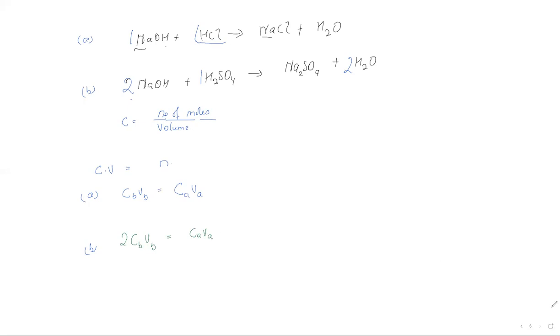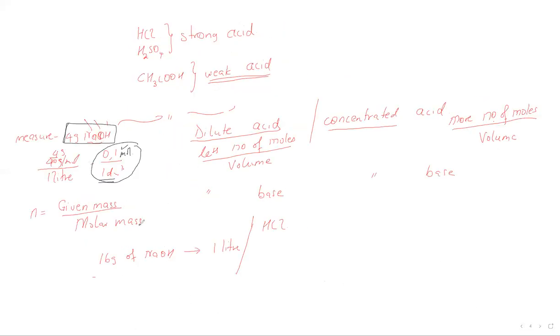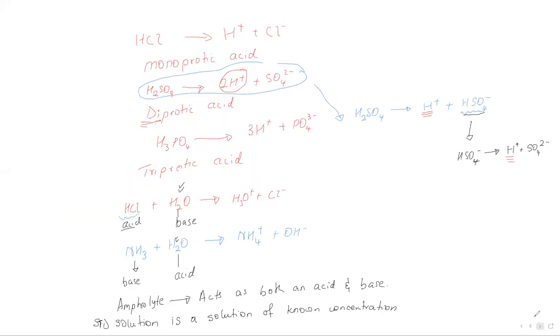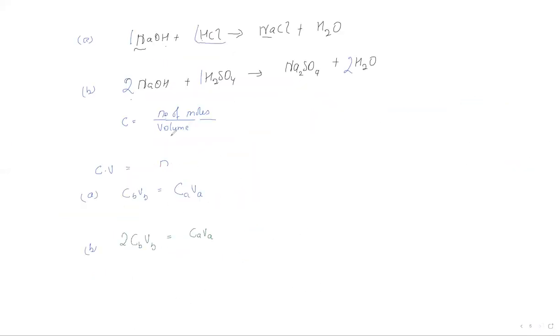If you go back to our measurement there, we shall be knowing the concentration of sodium hydroxide, which means we know the concentration of a base, the volume that can be measured from the burette or the pipette, from the flask, Erlenmeyer flask, and then we can get the concentration of this unknown acid.